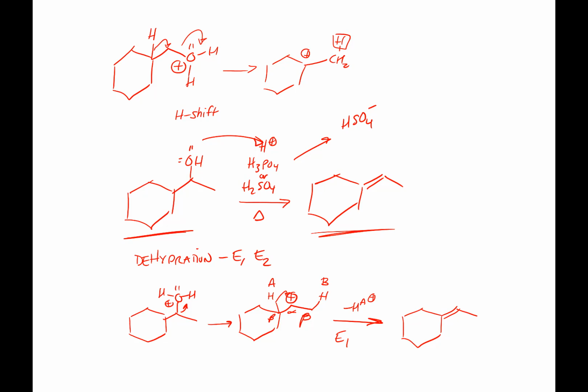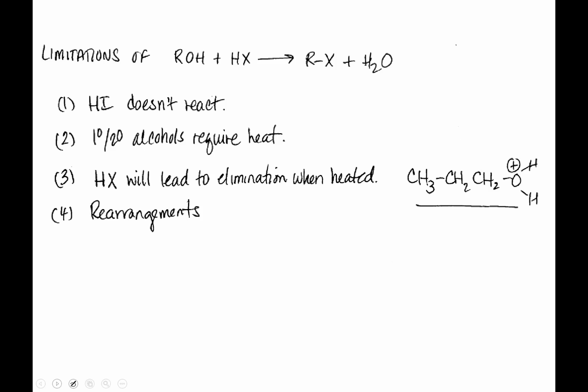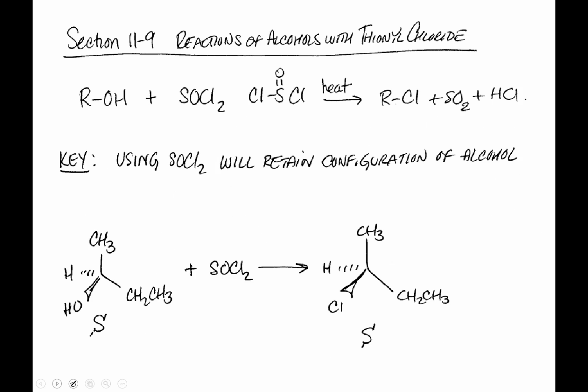But now I want to throw a wrinkle on that. If everybody's okay with that, let me throw a wrinkle on this. That's not the double bond I want to make. I want to turn this alcohol not into the most substituted double bond, but into the least substituted double bond.